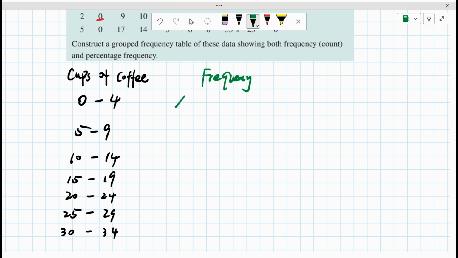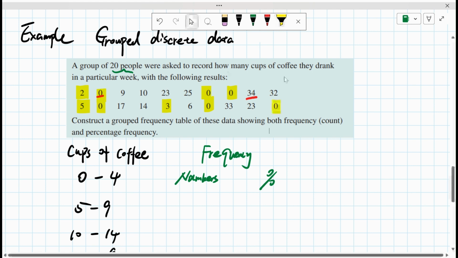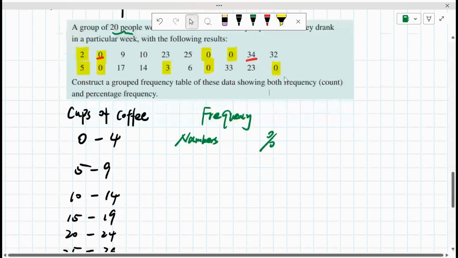The frequency is numbers and percentage. So let's have a look. 0 to 4, how many do we have? 1, 2, 3, 4, 5, 6, 7, 8, and 9. So we have 9 out of 20.